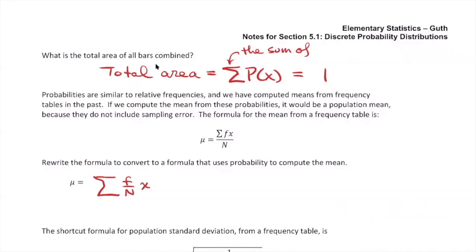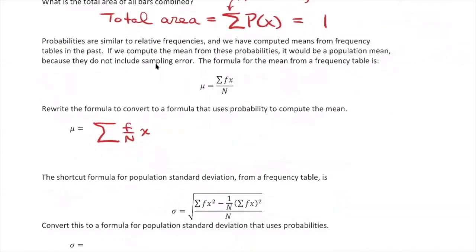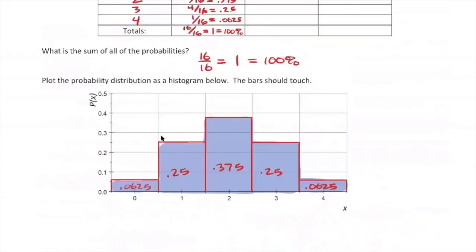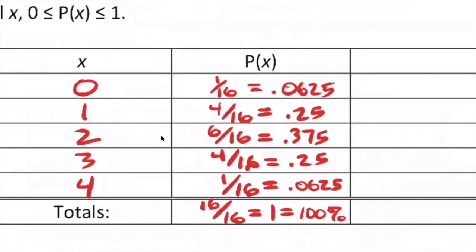When you think about f over n, that's just a relative frequency. A relative frequency is the number of times something happened divided by the total number of outcomes. So f over n, that was what we did with all of these up here. 1 out of 16, because there was only one way, that was the frequency, one way to do it out of a total of 16 outcomes.